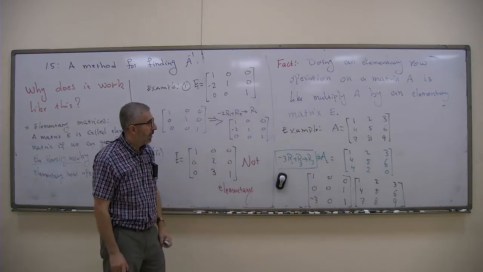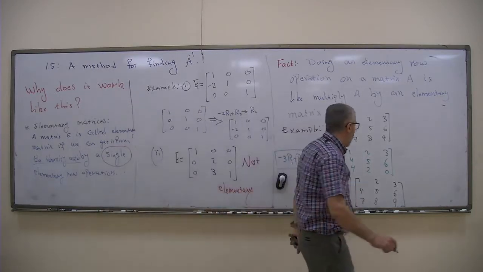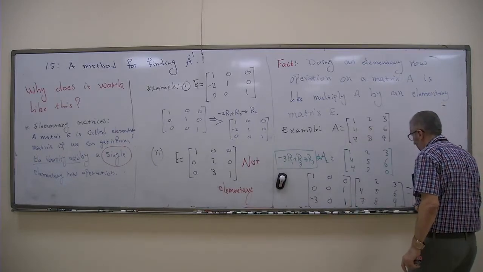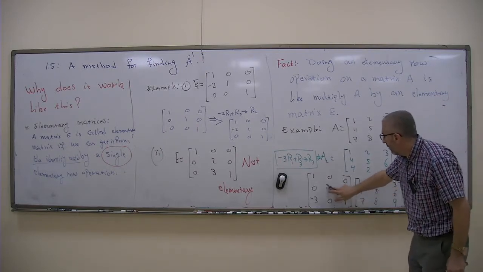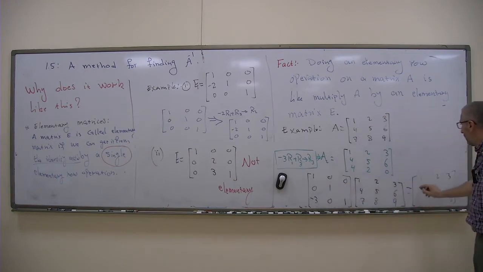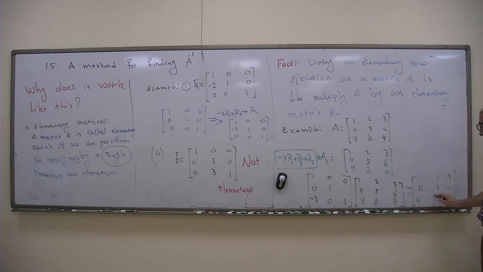Double check, please. When you multiply this by this, what do you get? 1, 2, 3, then 4, 5, 6, and here negative 3 plus 7, that is 4, negative 6 plus 8, that is 2, and this is 0. Here it is.